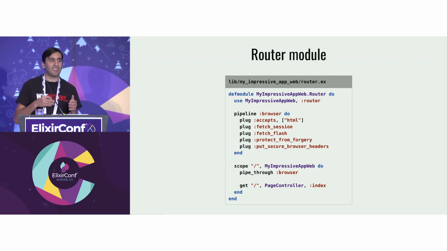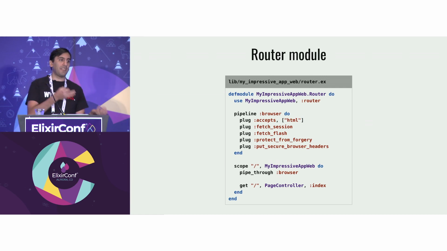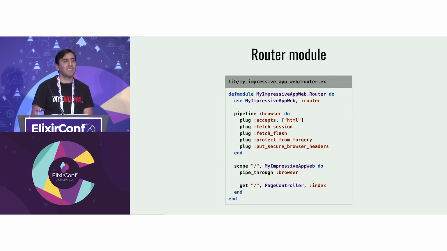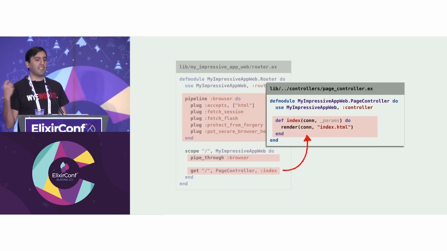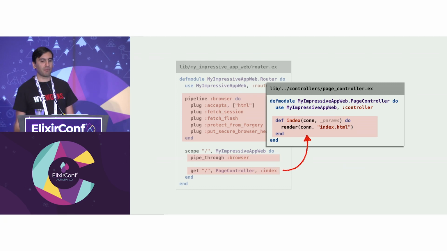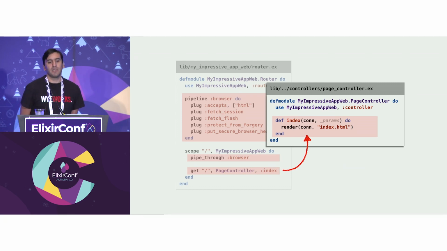This is a plug that also manages a new pipeline. In this case, the execution is going to depend on the path and the HTTP verb, as you already know.